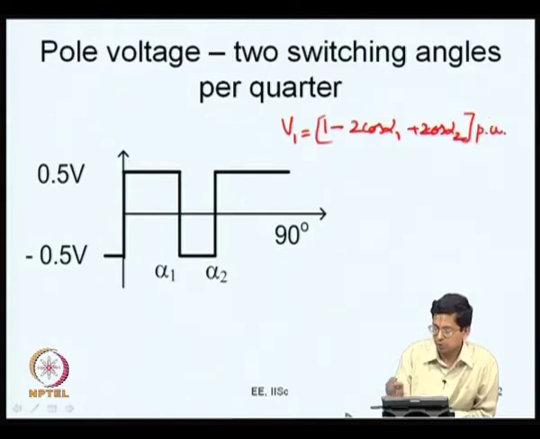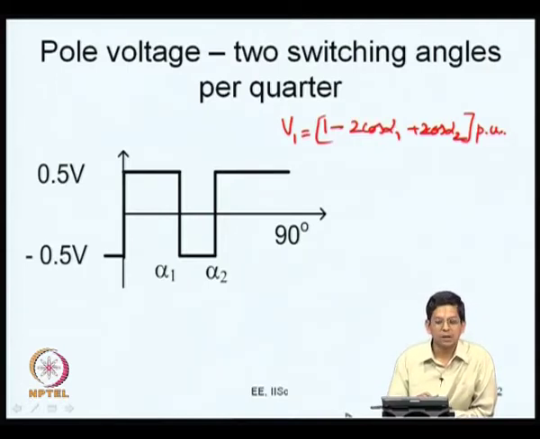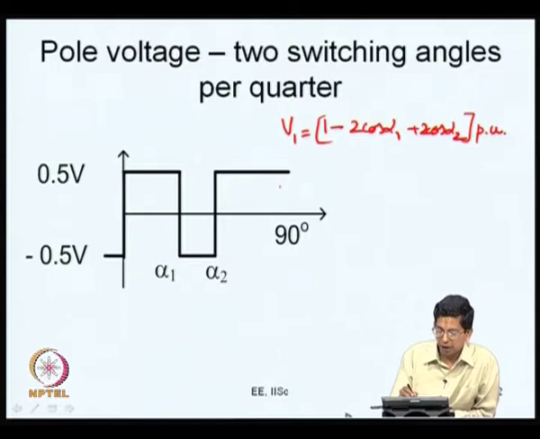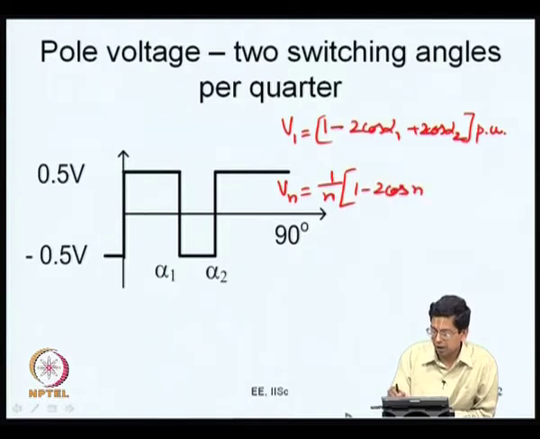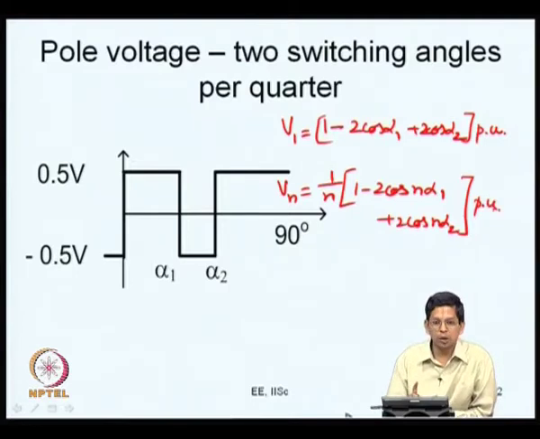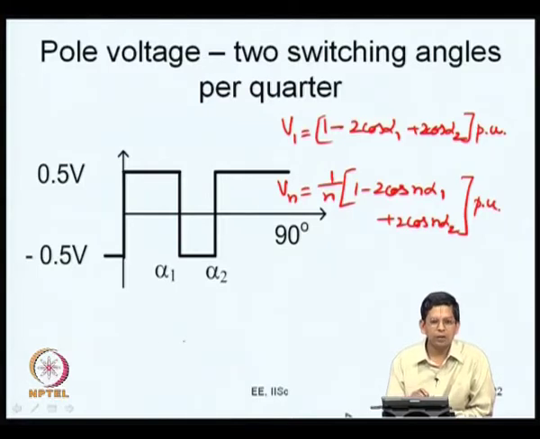And the nth harmonic component Vn is going to be 1 upon n times 1 minus 2 cos n alpha 1 plus 2 cos n alpha 2 in per unit terms. Again, 1 per unit means 2 VDC upon pi, that is the fundamental voltage obtained with square wave operation. These come from the Fourier series, and we are able to evaluate them here now.